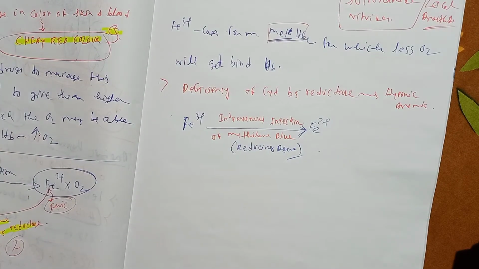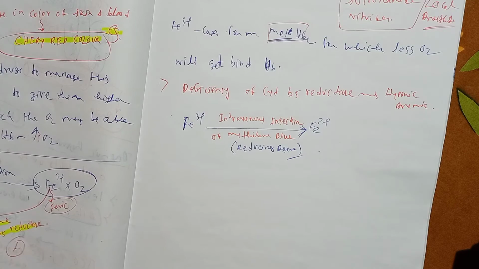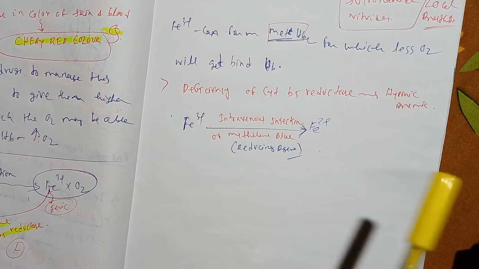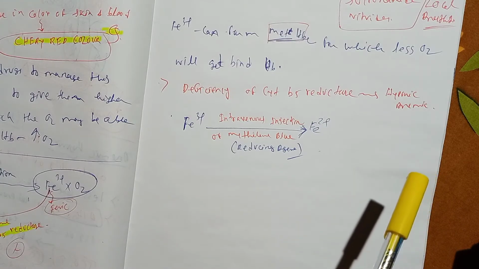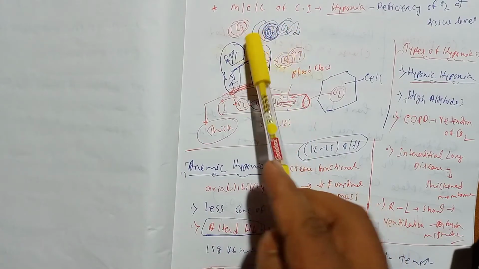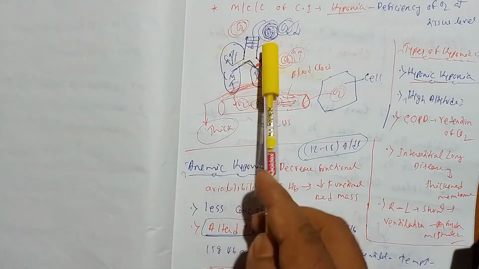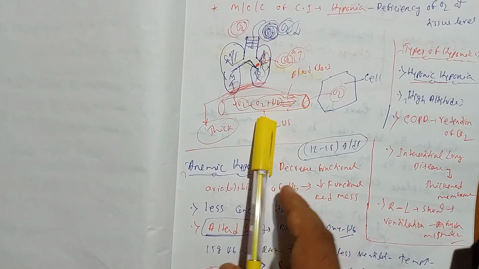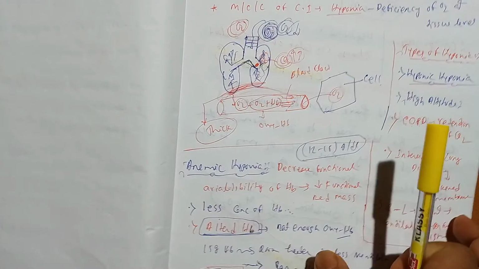So we talked about hypoxia, then the anemic hypoxia, and we also talked about the methemoglobin, with regard to the enzyme cytochrome B5 and of course Fe2+ and Fe3+ as well. Now we'll talk about one more hypoxia. What did I say? First, if there is a problem with the delivery of oxygen within the lungs, there is hypoxic hypoxia, a partial pressure problem. Whenever there is a problem with the combining of hemoglobin with oxygen, that is called anemic hypoxia.